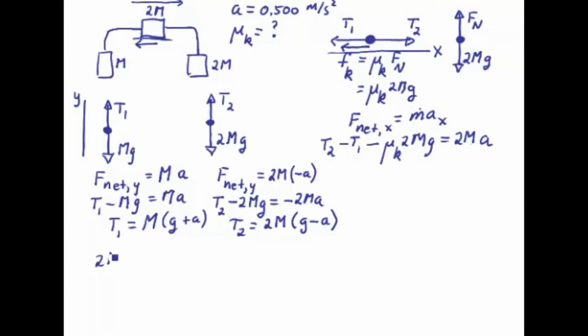So if we go ahead and start to write this out and fill in the blanks, so to speak, we have our equation of T2, and now that's minus the equation that we made for T1, and then we're going to have minus the coefficient of kinetic friction times 2mg, and then that's going to equal 2m times the acceleration.